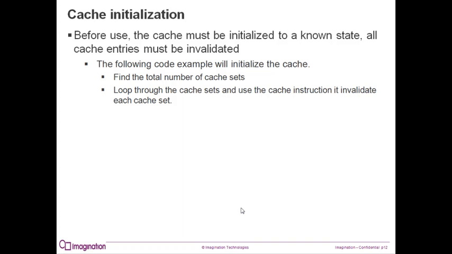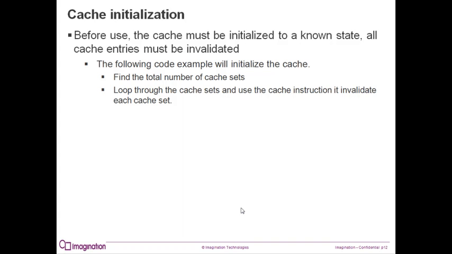On power-up, reset, and soft reset, the cache may be in a random state. Before it is used, it must be initialized to a known state. In this section, I will go through what it takes to initialize the cache. Along the way, I'll introduce you to the cache instruction and coprocessor 0 configuration registers that are needed to control the cache.